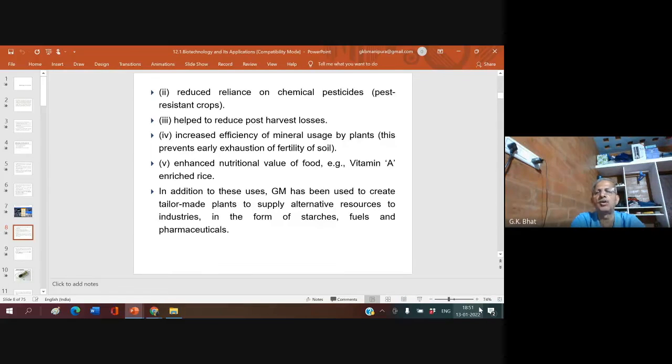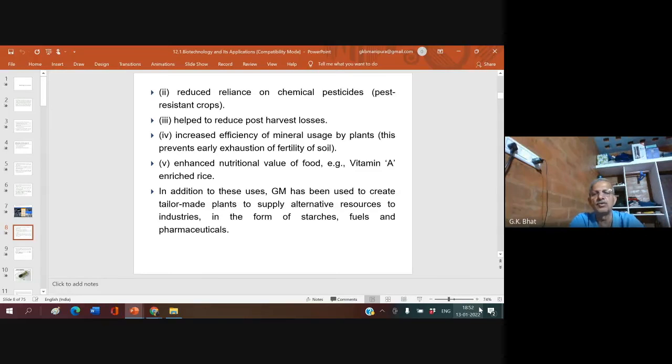Enhance the nutrition value for food. Example, vitamin E enriched rice. Whatever crops you are growing, whatever vegetables, fruits, or food grains you have grown, if they are found to be more and more tasteful, these are all applications of biotechnology in different fields.